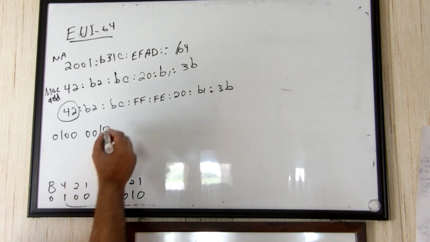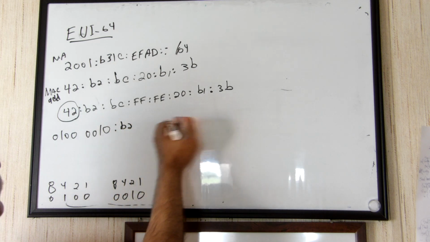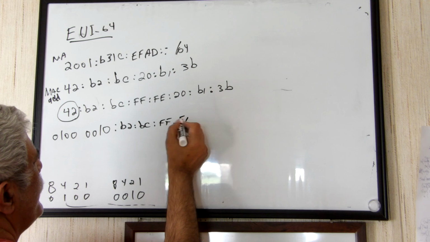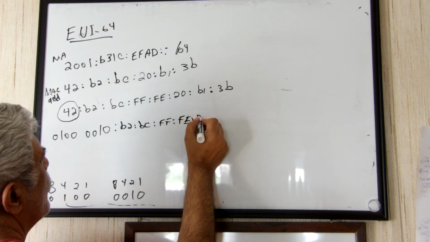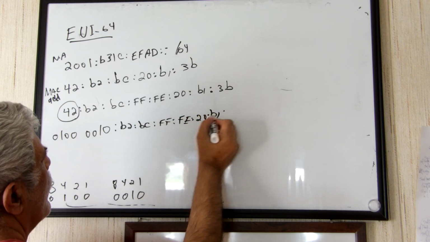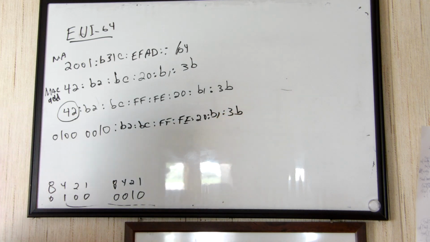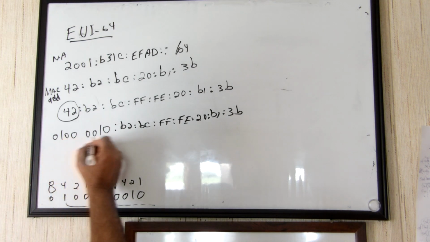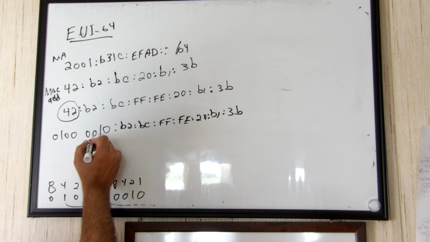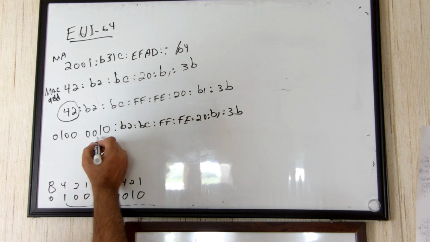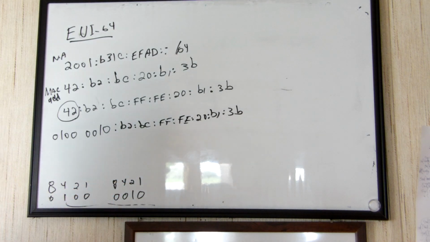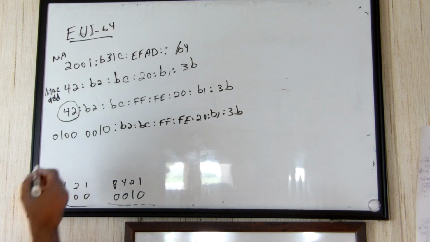And then the rest of it, B2, BC, FF, FE, 20, B1, 3B. Okay, and then here we change the 7th bit. That's 8 bits, right? 1, 2, 3, 4, 5, 6, 7, 8. The 7th bit, we change it. If it's 1, we change it to 0. If it's 0, we change it to 1. Okay, what's going to happen then?